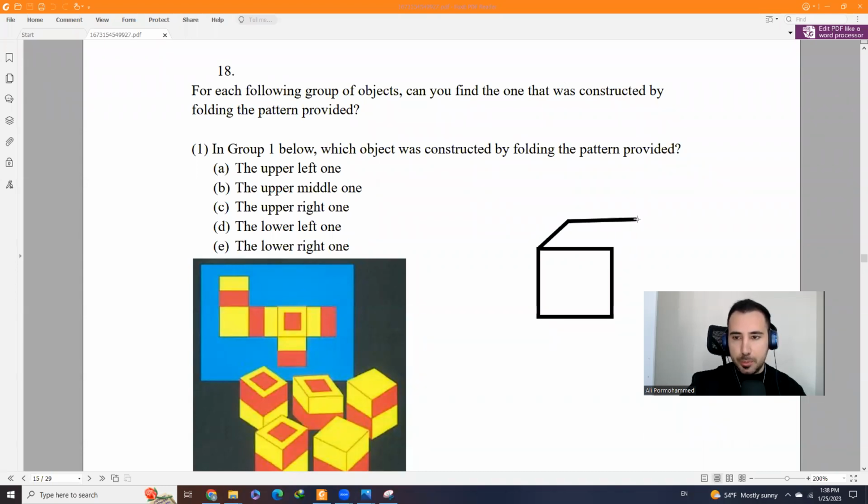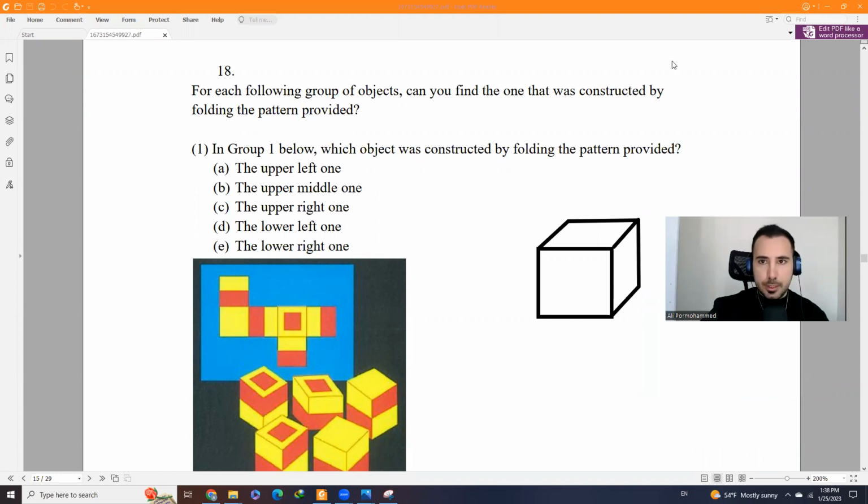Well, drawing it would be the easiest one and the safest way to answer the question, right? So let's assume that this yellow one over here is the bottom place. So the bottom place, if you look at here, is going to be just yellow. So this yellow one is here.